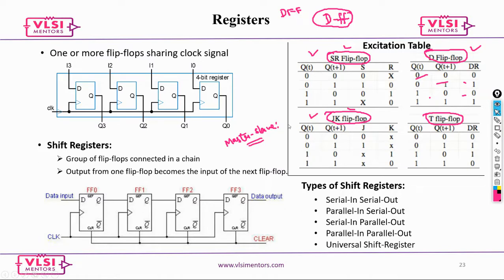Now why are we going for master slave? Any specific reason? Why are we going for master slave flops? Any specific reason? You can think about your answer.